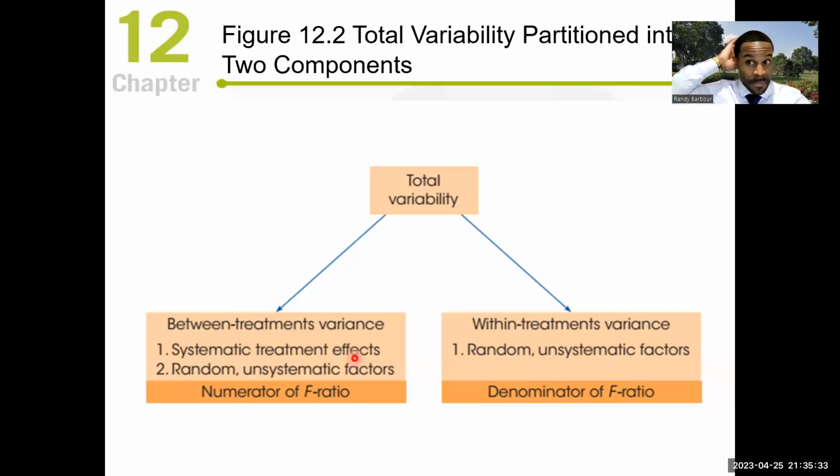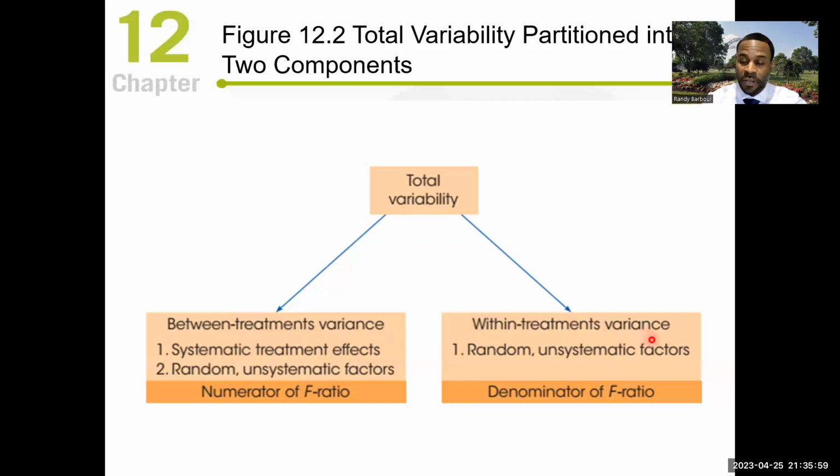If we all took the same spelling test, we're not all going to get the same scores because we're each individual and our vocabulary is different, right? We all don't spell the same. If we were to take a math test, that math test is going to vary based on each individual person, just simply based on individual differences. Each of us has different math skills and different efficiencies in math. Okay, so again, those are the two components of between treatment variance.